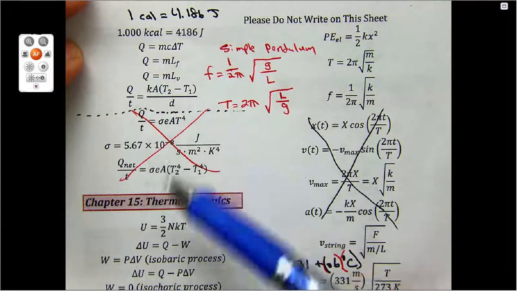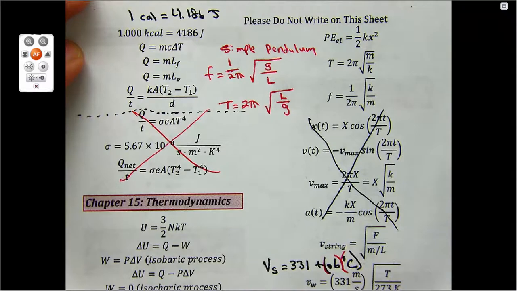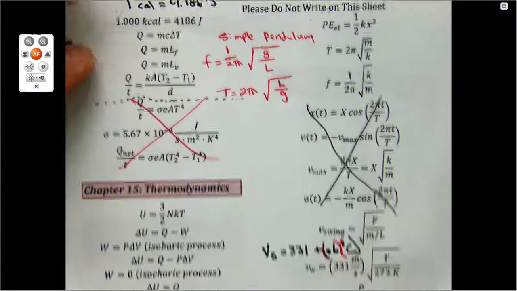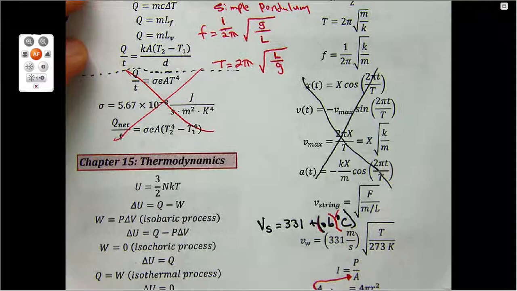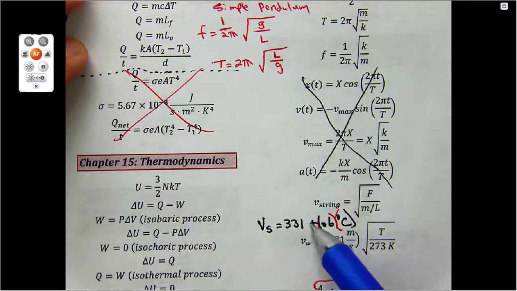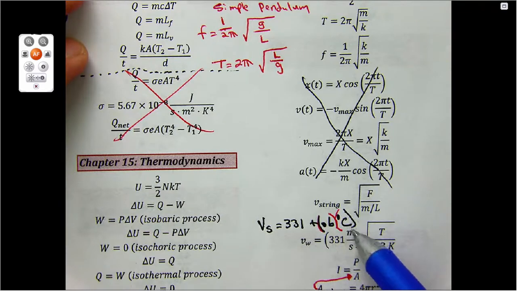Good to cross out this. Good to move this up. No, yes. We didn't really use this equation. We used 331 plus 0.6 times degrees Celsius.